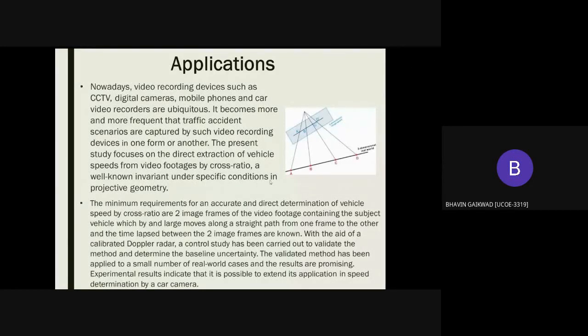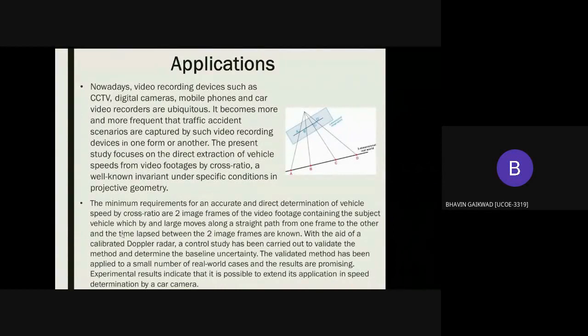The minimum requirement for an accurate and direct determination of vehicle speed by cross ratio is two image frames of video footage containing the subject vehicle, which by and large moves along a straight path from one frame to the other, and the time lapse between the two image frames is known.